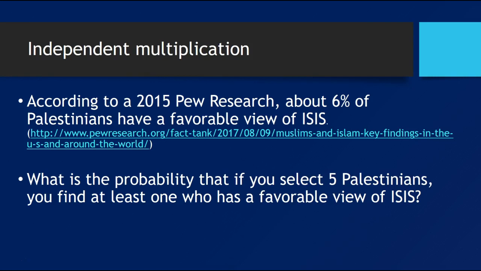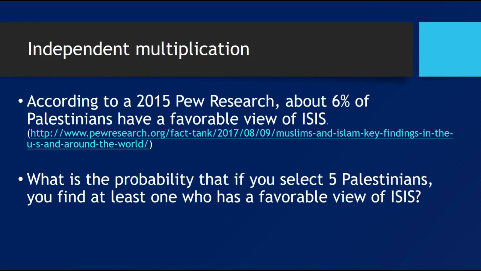All right? So, according to the research, 6% of Palestinians have a favorable view of ISIS in 2015. So if I went into 2015 and picked 5 Palestinians at random, what's the probability that one of them has a favorable view of ISIS? Or at least one, I should say.